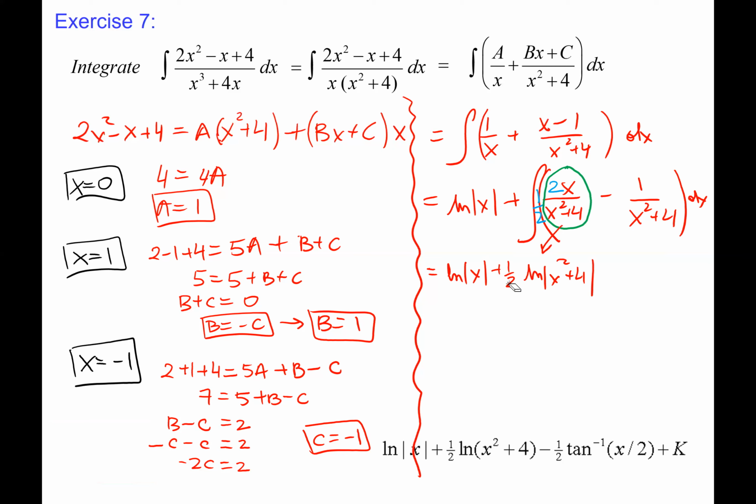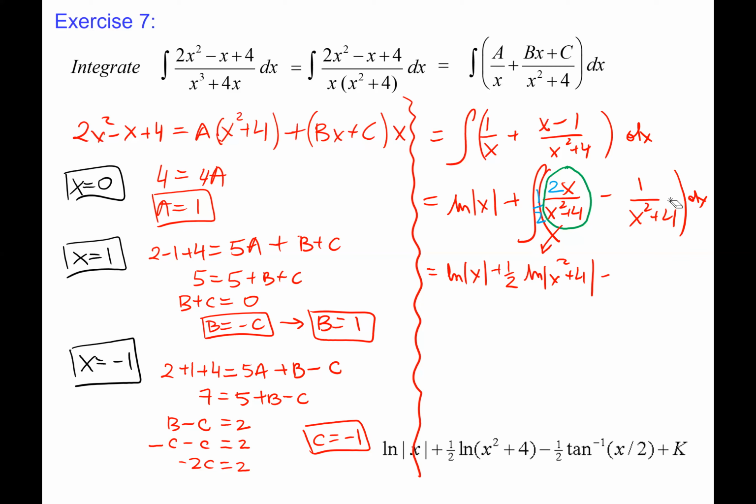But as I said, you will get the same thing if you do the u substitution, and I can leave it for you. And this one actually has no x on the top, and the denominator x squared plus 4 looks like inverse tangent.